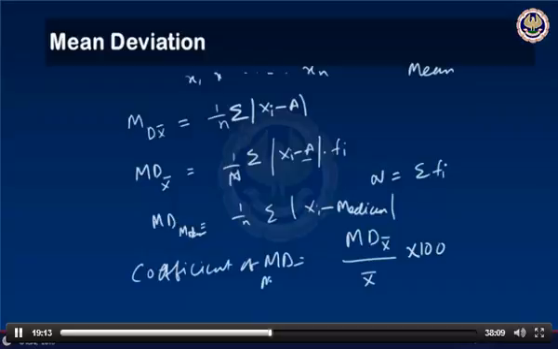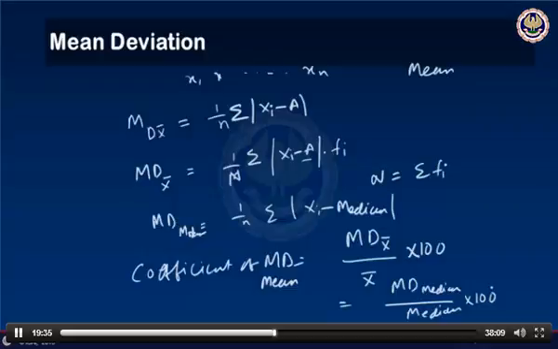In the case of median also it can be found. Coefficient of mean deviation from median is mean deviation from median divided by the median, into 100.